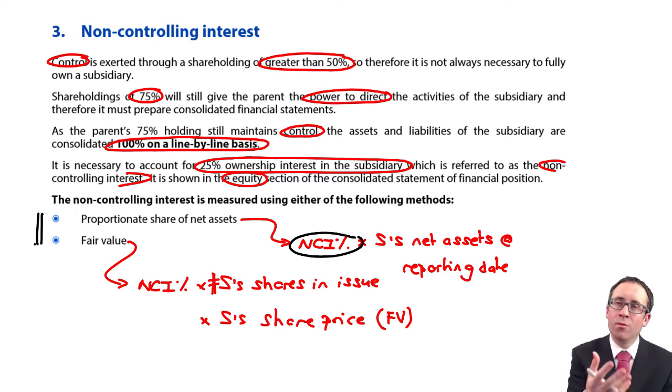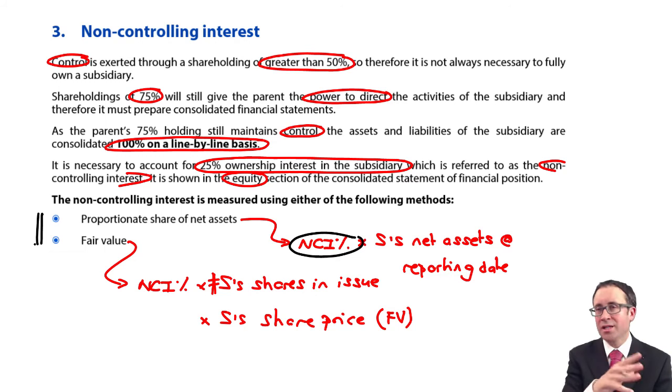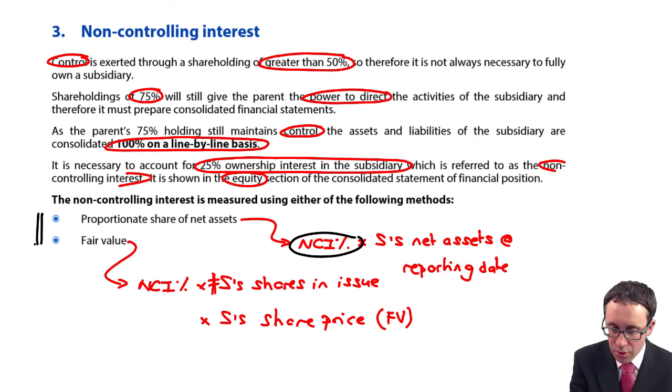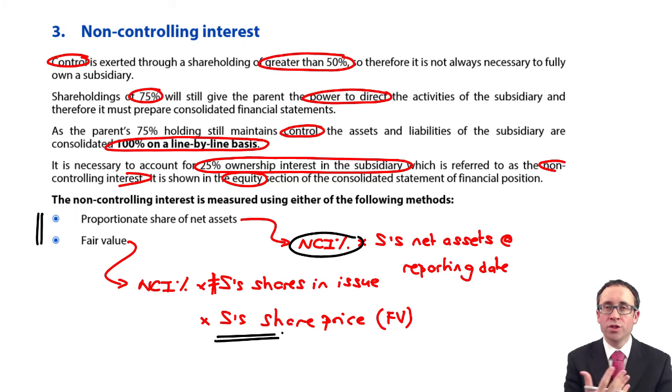Technically, we will have revalued them to fair value, but that's for later in the session. And then we also can look at it based upon fair value, based upon what the shares themselves in the subsidiary are actually worth. So using S's share price and the number of those shares that the non-controlling interest own. Okay.